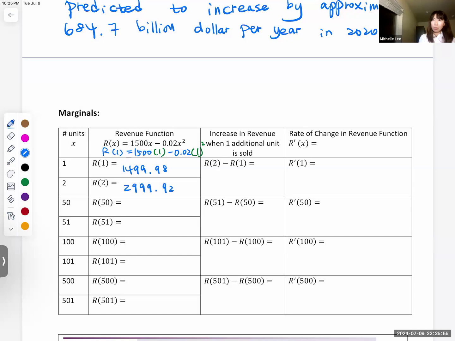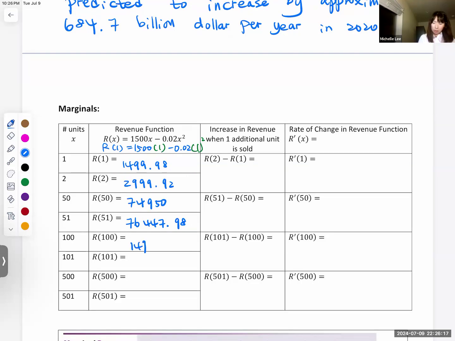So if we do the same process, the second one is 2999.92. Third, R of 50, is 74,950. R of 51 is 76,044.98. R of 100 is 149,800.